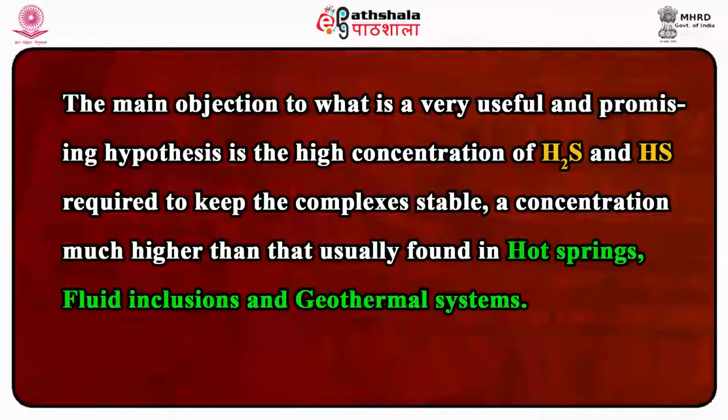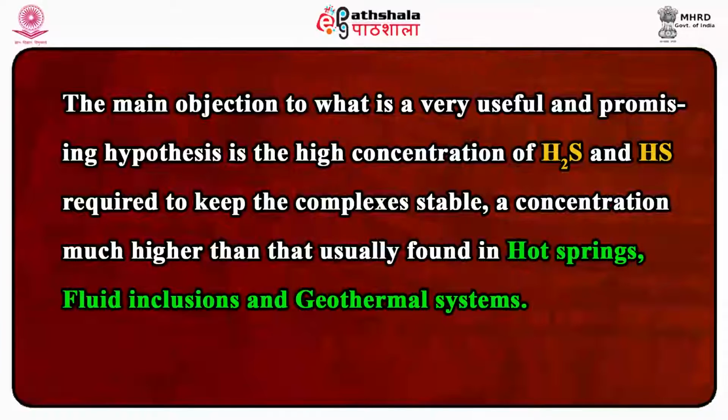Bisulfide complexes can exist stable in near neutral solutions containing abundant H2S. Ions such as Pb(HS)3 are formed and these have much higher solubilities than pure ionic solutions. The main objection to this very useful and promising hypothesis is the high concentration of H2S and HS required to keep the complexes stable, a concentration much higher than that usually found in hot springs.